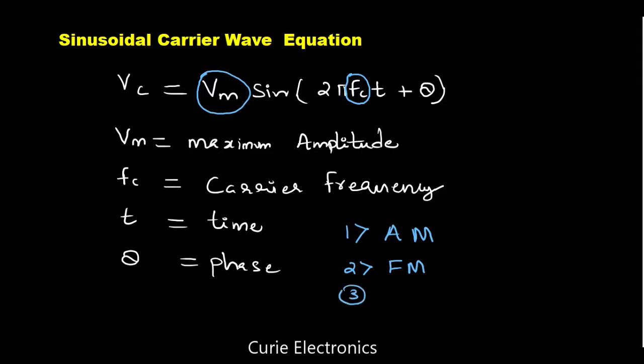And finally, the phase, then we get the phase modulation. So these three quantities we can vary for analog communication.